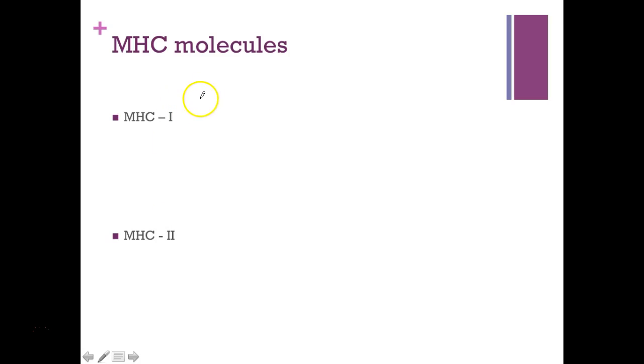And this can be found on all body cells except red blood cells. That's great because that means we can donate blood without rejecting somebody else's blood, as long as you match the right types.